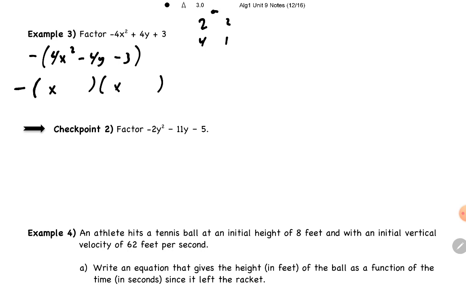So here's my factors of a. We have 2 and 2, 4 and 4. To speed up some time, it's going to be 2x and 2x, but that's after trying out different combinations. If we look at our c value, we have -3 and 1, and +3 and -1. So not that many combinations to go through.